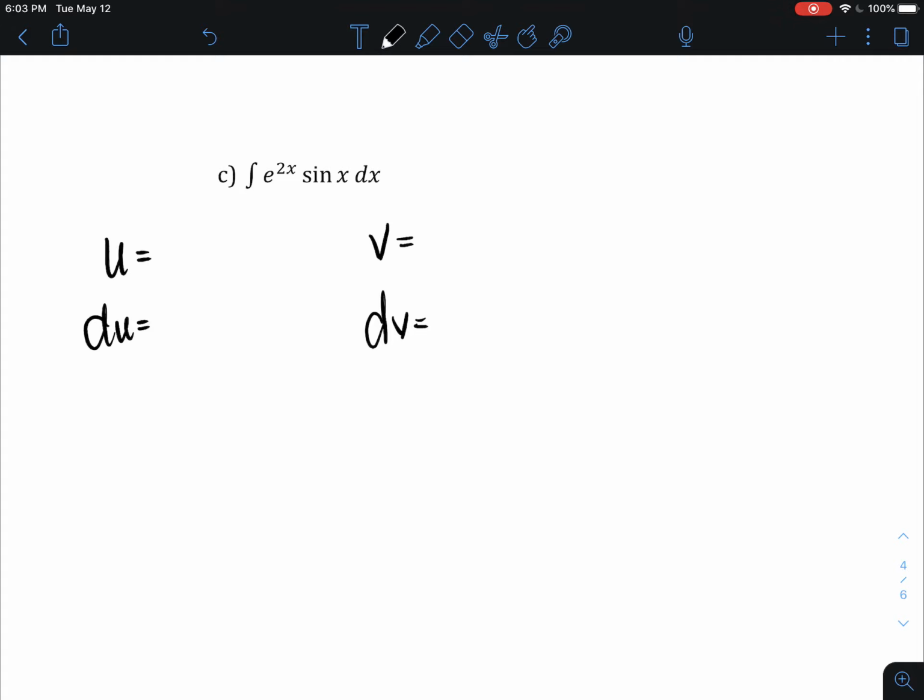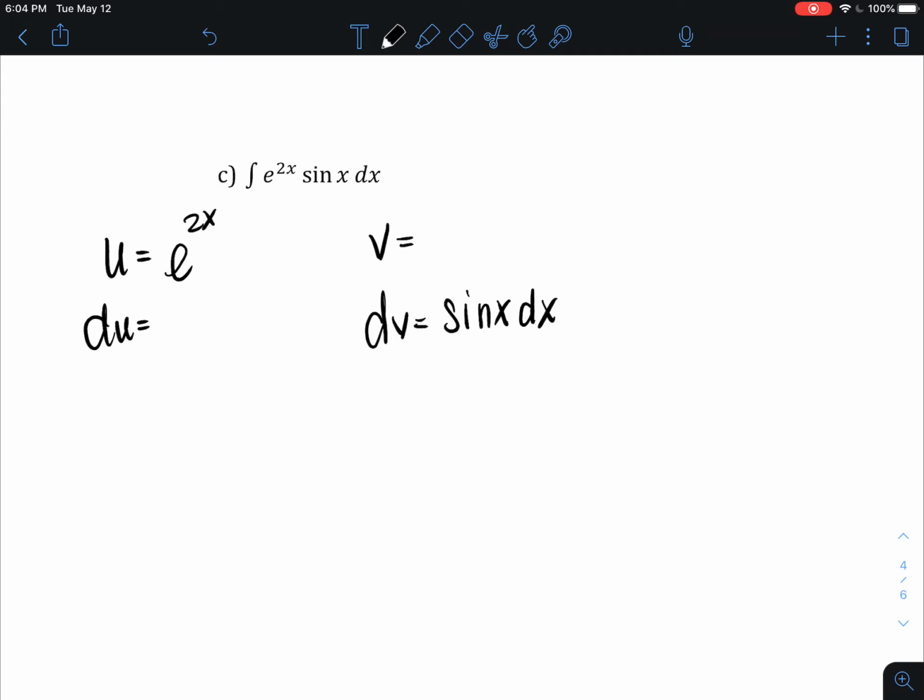Figuring out what is u and what is dv: the easiest part to integrate would be sine x dx. The reason I chose e to the 2x as u is only because it has the 2x. If I had e to the x sine 2x, I would have chosen sine 2x to be my u, okay?